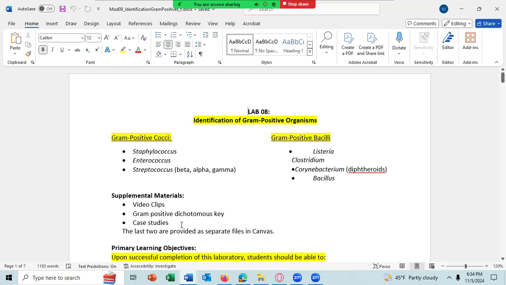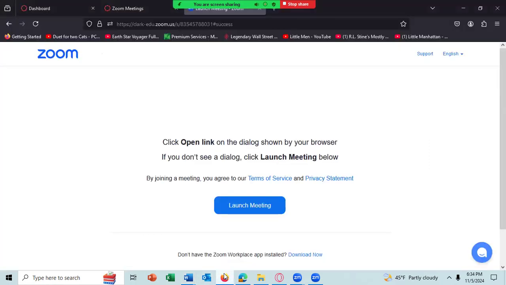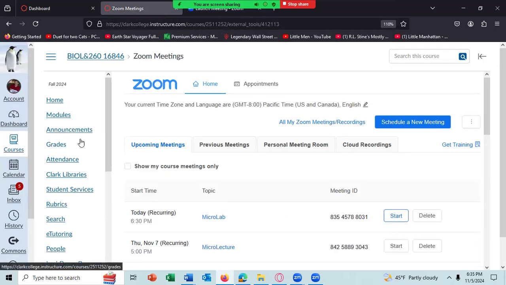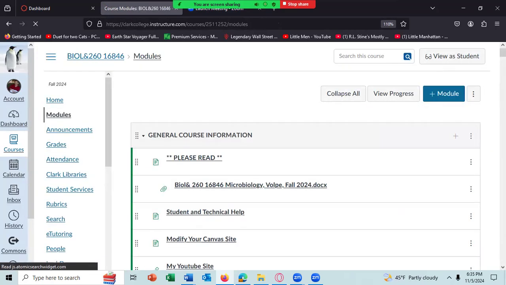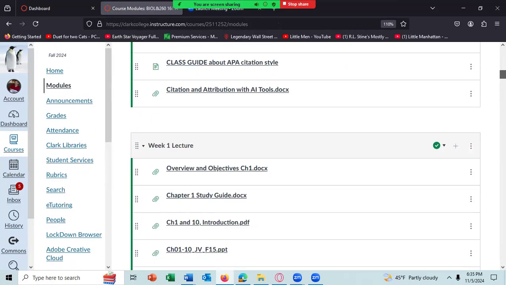We have some keys and some case studies. These last two, the key and the case studies, are provided as separate files in Canvas. Let me show you that. See how slow my computer is?